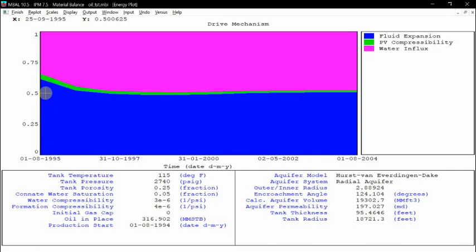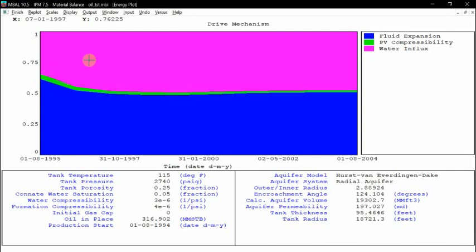At the beginning of the production, as you produce, your pressure drops and your fluid expands and it drives your reservoir.